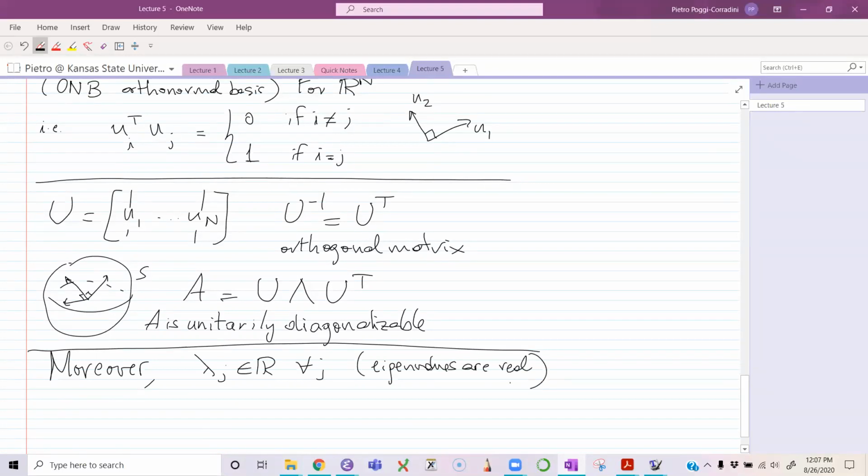So there's no complex roots of the polynomial in this case. And in particular, for symmetric matrices, we're always going to be able to order them from the smallest, the min, to the largest.